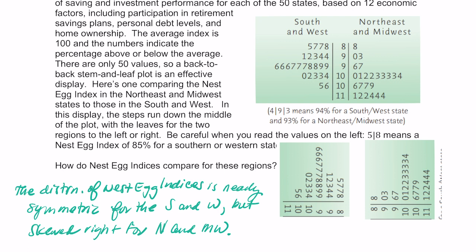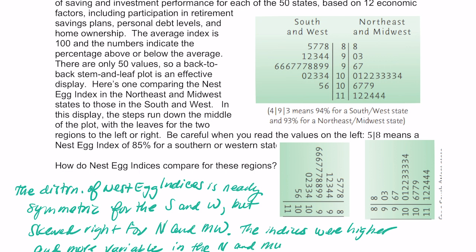So let's put the indices were higher, and let's also say more variable in the North and Midwest than in the Southwest.